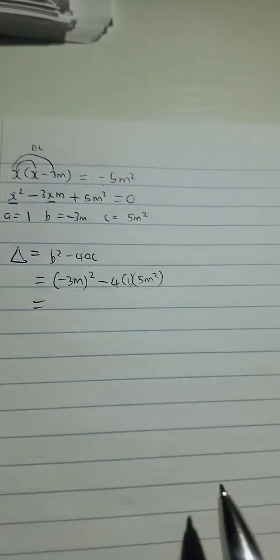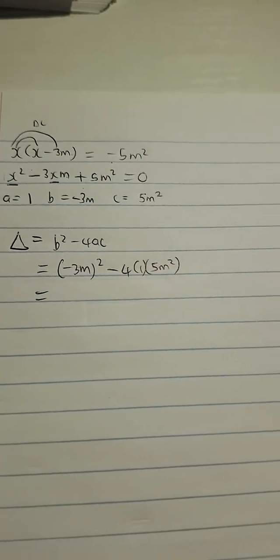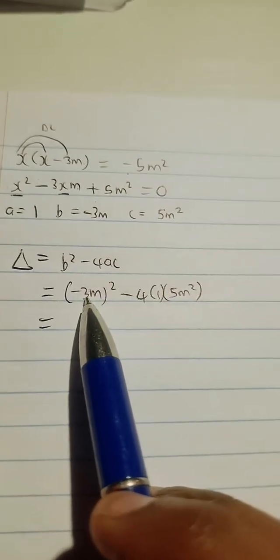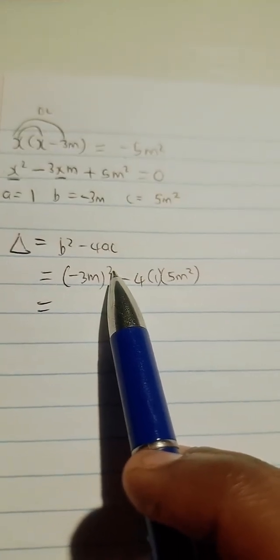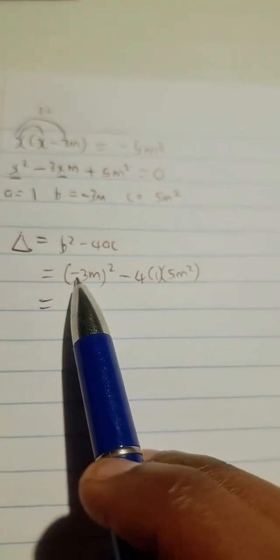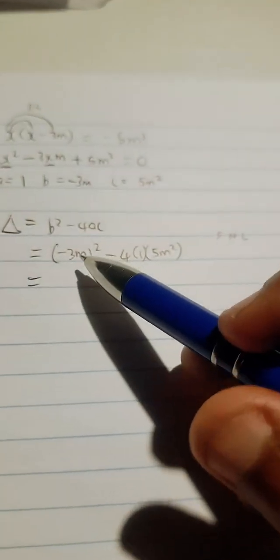Then we apply BODMAS. Negative 3m squared. Remember now, exponents say when you have a multiplication of a coefficient and its variable, the exponent gets applied to the sign, the number, the letter. You square a negative sign, you get a positive sign. You square the 3, you get 9.